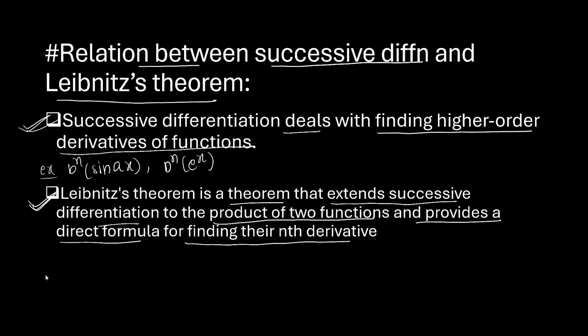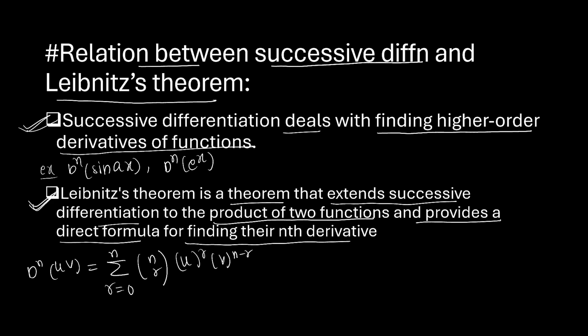Let's write down the nth order derivative formula again, which was nth derivative of u into v is given by summation r equals 0 to n, n choose r, u power r, v power n minus r.